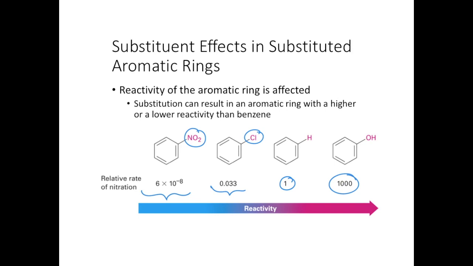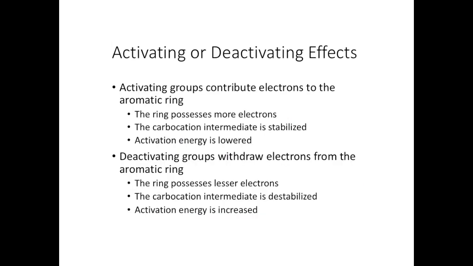The less electron density, the slower it will react. And halogens withdraw electron density, and then any type of positively or electron deficient substituent will also decrease the electron density of the ring.